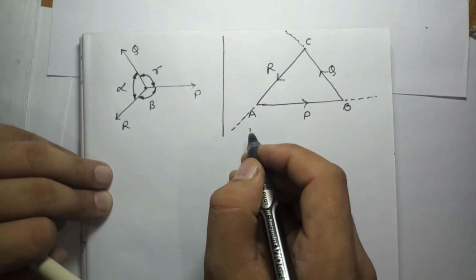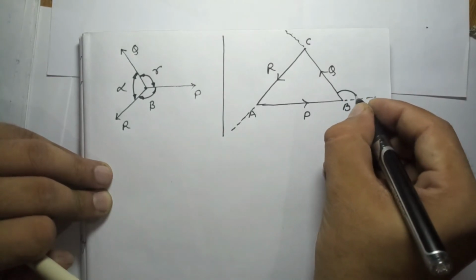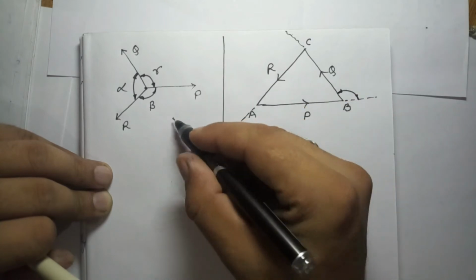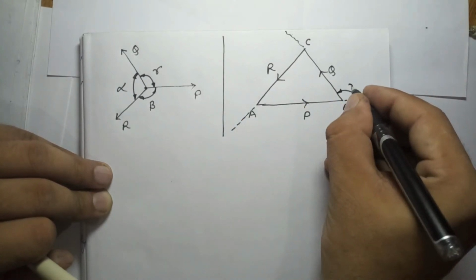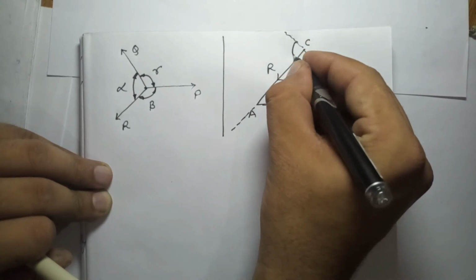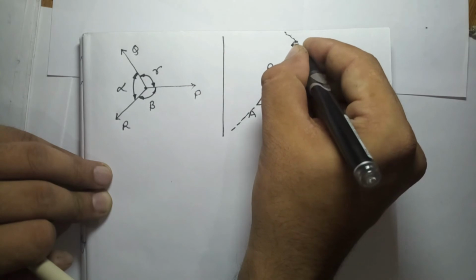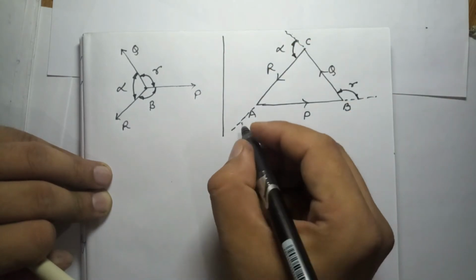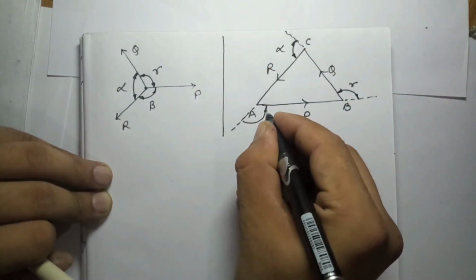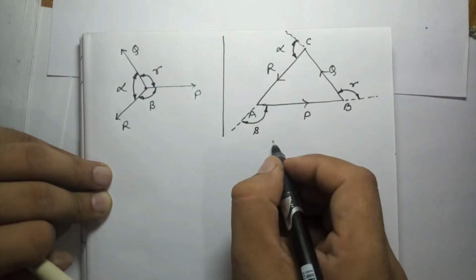Now we know the angles. This is the angle gamma. This is the angle between the lines of action of force R and Q, that is alpha, and the same way, this is the angle beta, right?